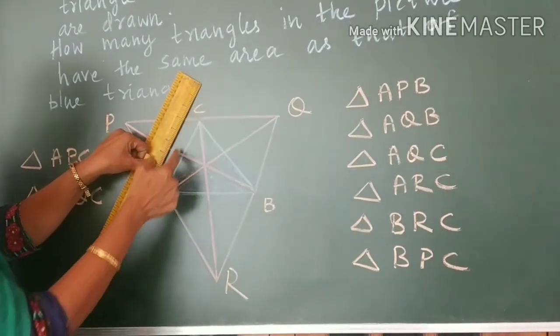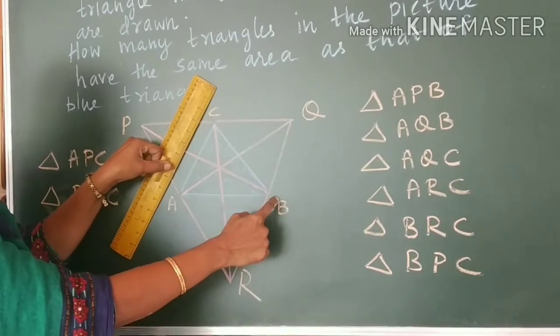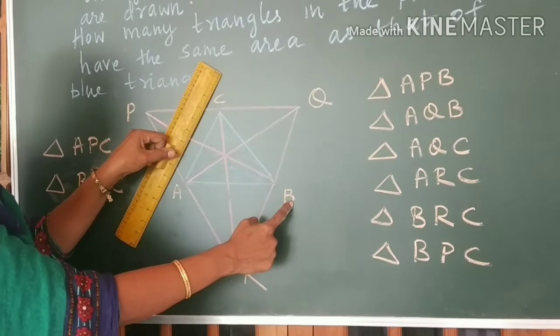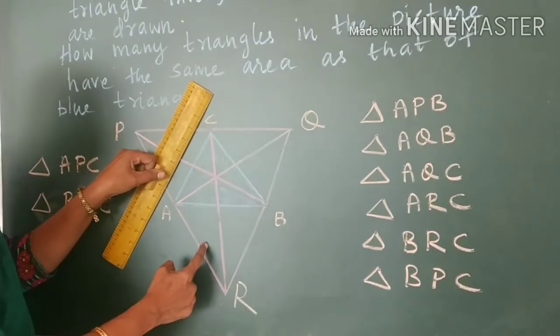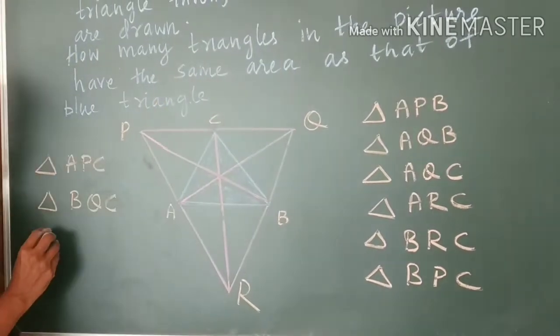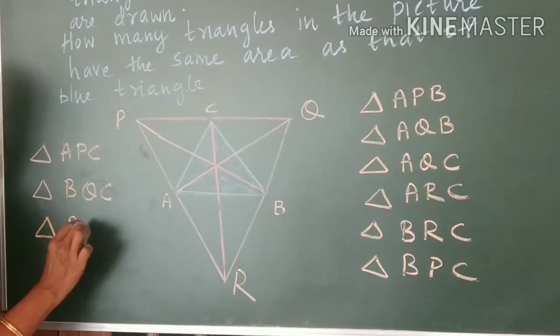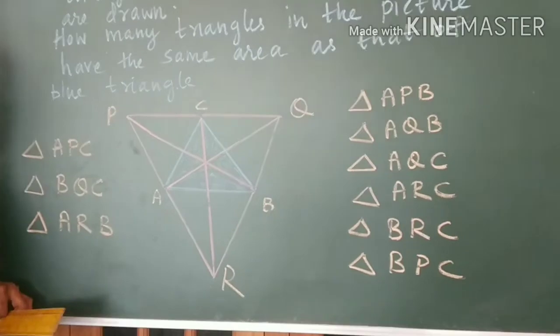ARBC is a parallelogram, for which AB is the diagonal. A diagonal of a parallelogram divides it into 2 equal triangles. So here we get one more triangle, that is triangle ARB. Is it clear to you?